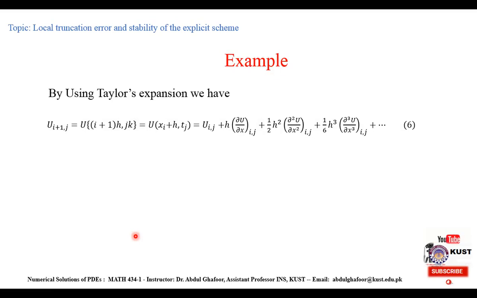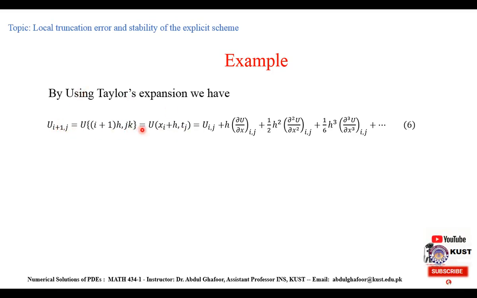Now you saw in the previous slide that we have u(i+1,j), u(i-1,j), and u(i,j+1). So by using Taylor series expansion, we can write u(i+1,j) equal to u(xi + h, tj).